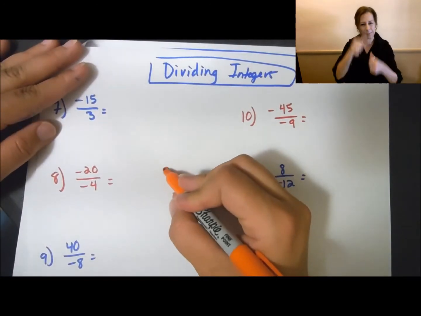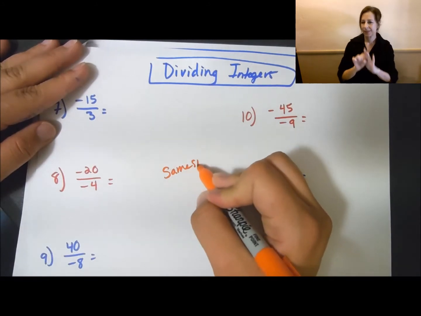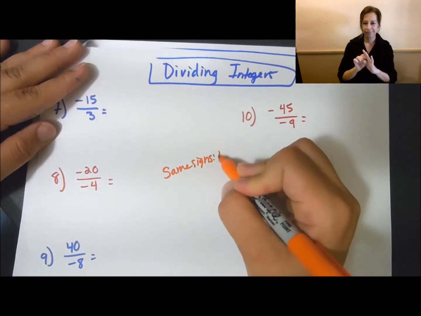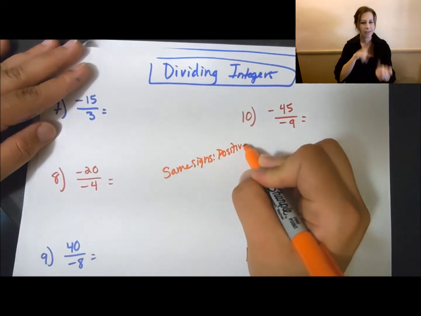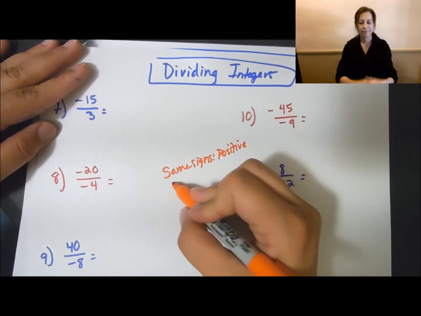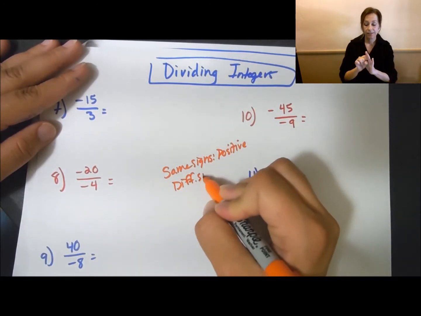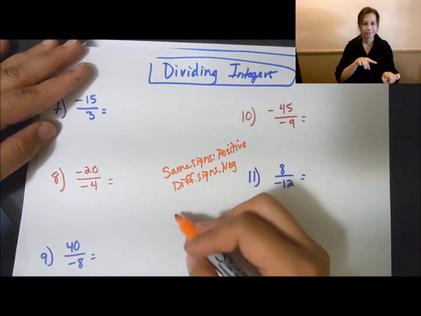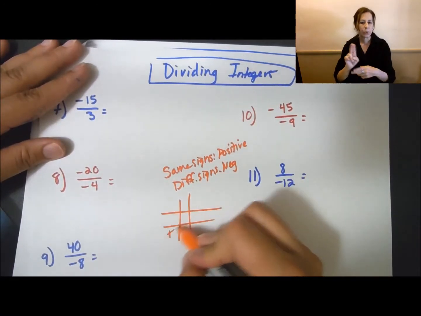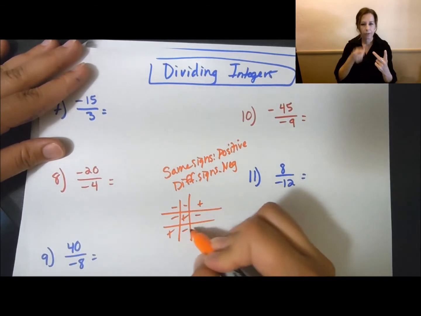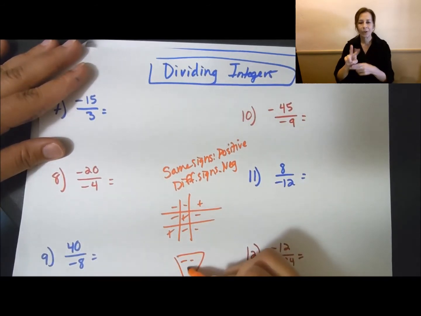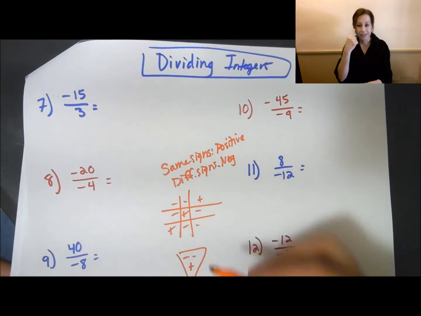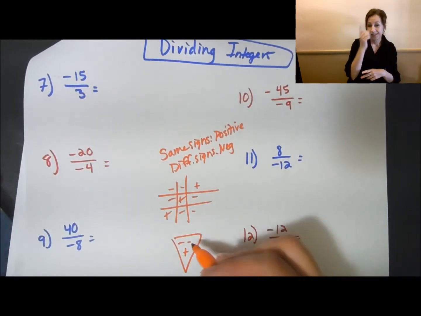Alright, so remember, same signs make a positive answer for multiplying and dividing. Different signs make a negative answer. Okay, and I can use my visual, this one, or pizza face. On the last one for multiplying, I could have also used pizza face.